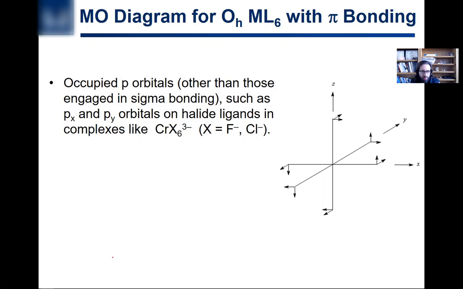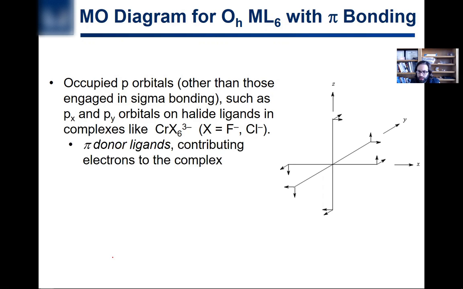If they're occupied p orbitals, such as those on halides, they can make this sort of pi bonding, and we call that a pi donor ligand. Why? Because you have an occupied p orbital and it's giving electron density to the metal in this pi bonding way. So we call it a pi donor ligand.